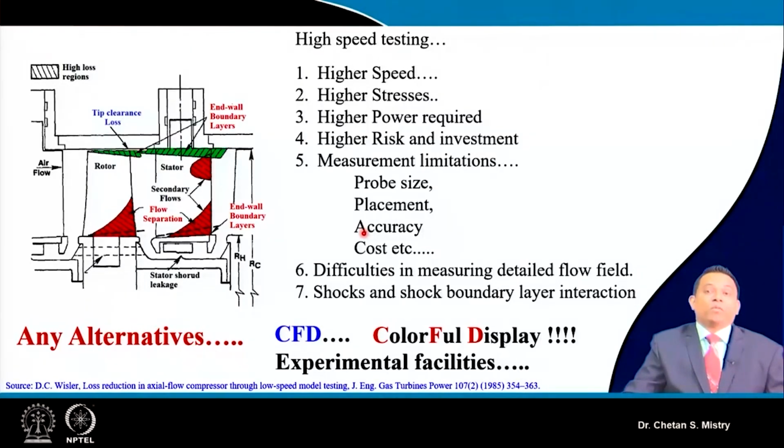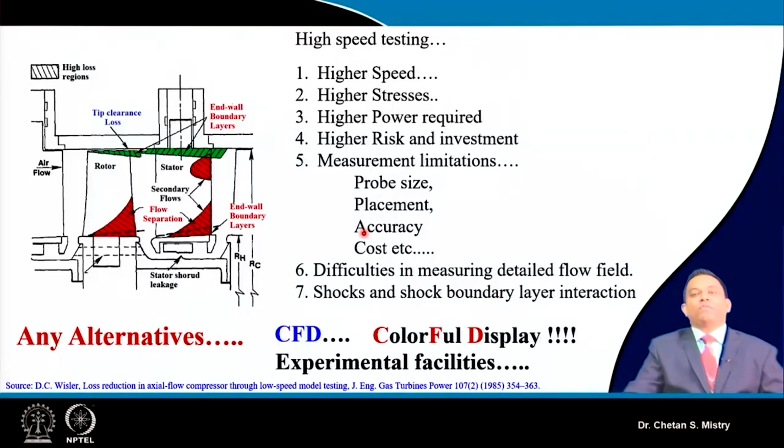And when we are talking about application to aero engine, where we are very particular and specific, a few-point variation has more impact on what we are expecting. So that's the reason why the challenge now is that you need to go more for experimentation. Even for your validation of CFD, you need to do your experimentation.